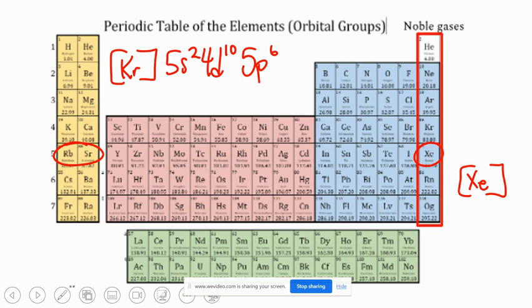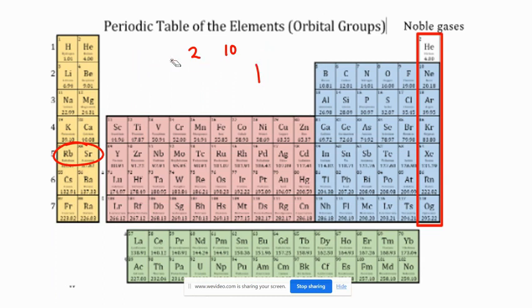The easiest way to do this is to count columns. If you want to know how many valence electrons, we're not going to include the D or F blocks. You're never going to have those this year. If you do get a D or an F, it just comes back to 2, because that's all you would have at that point.